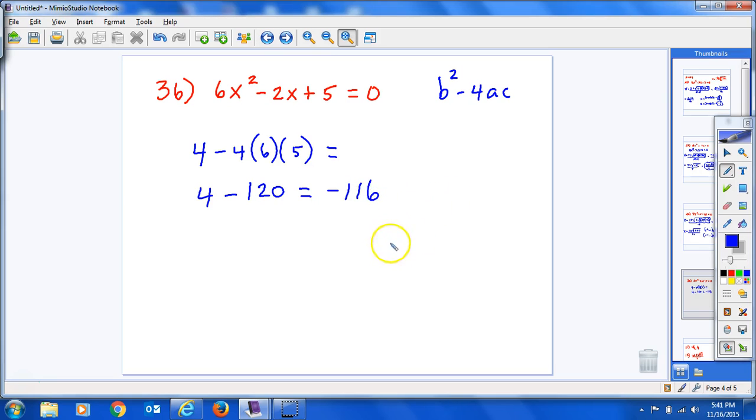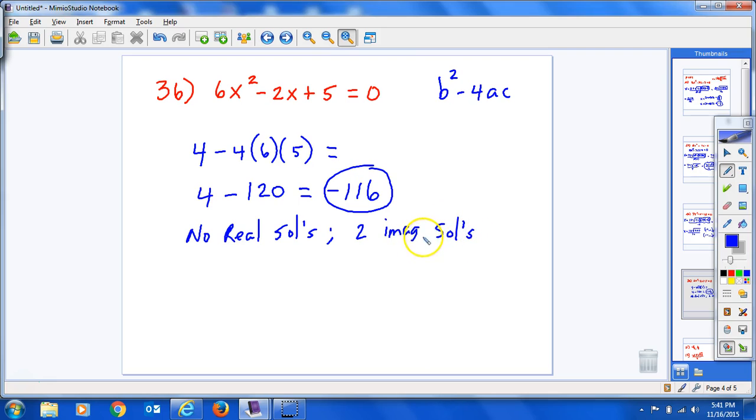So we said of the three scenarios, when our discriminant, that's by the way the answer to the evaluate the discriminant part, since the discriminant is negative, we have no real solutions. We have 2 imaginary solutions.